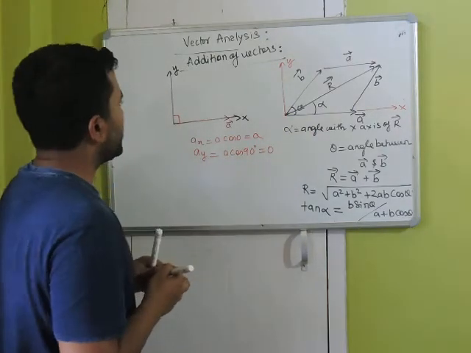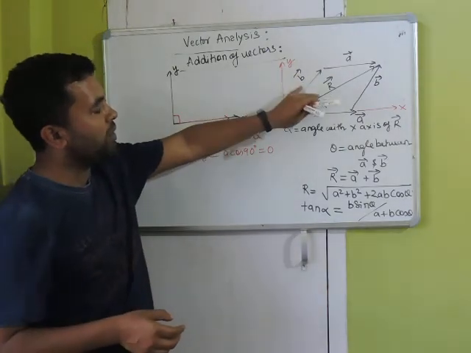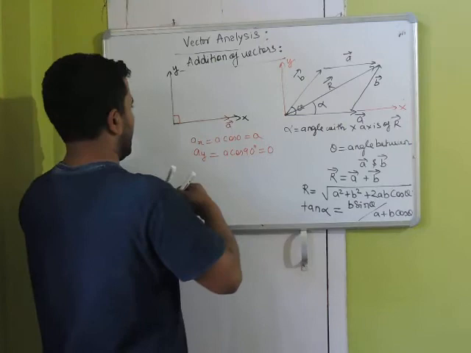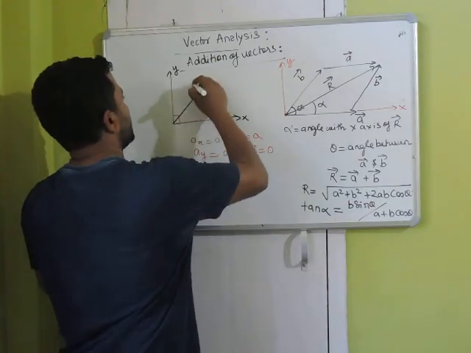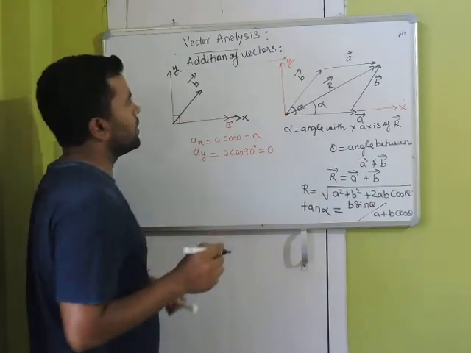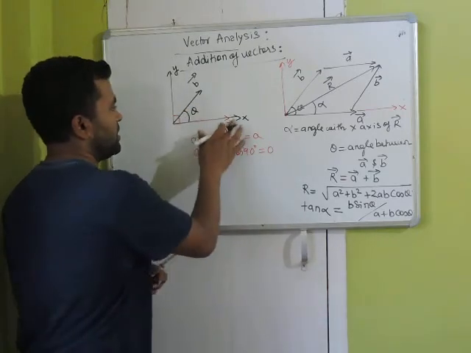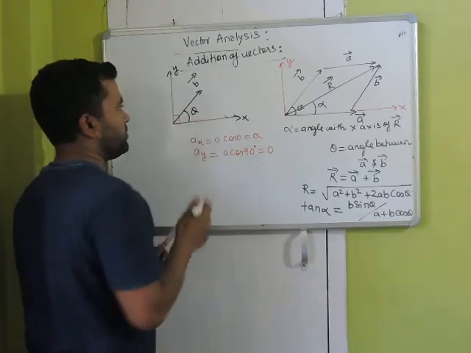Now what is the x component of B? If you see, B is acting like this, and B has angle theta with x. Let me just remove A now.